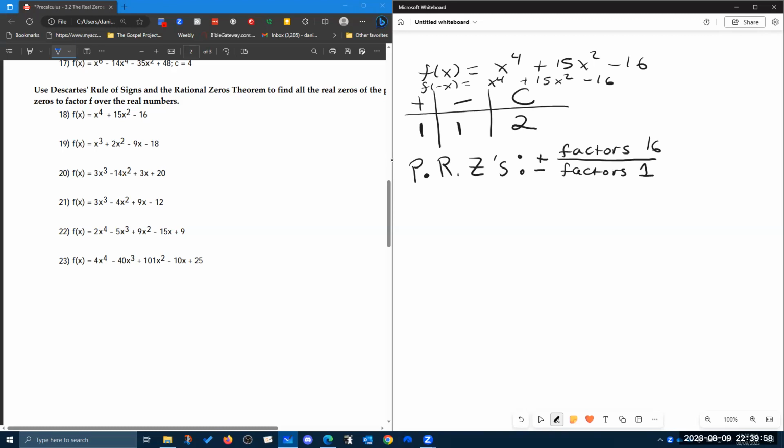Factors of 16 are 1 and 16, 2 and 8, and 4 and 4, and the only factor of 1 is 1. So our PRZs are plus or minus 1, plus or minus 2, plus or minus 4, plus or minus 8, plus or minus 16.